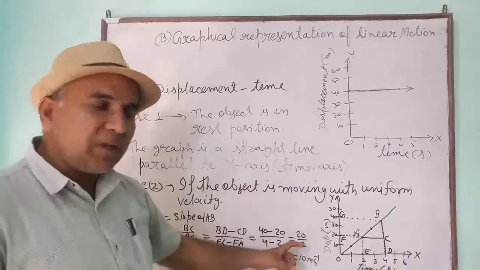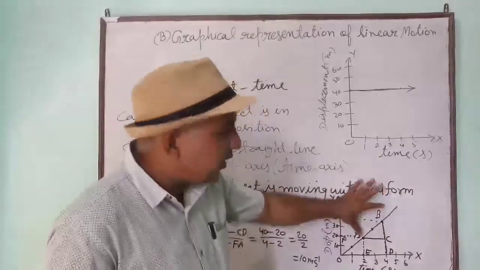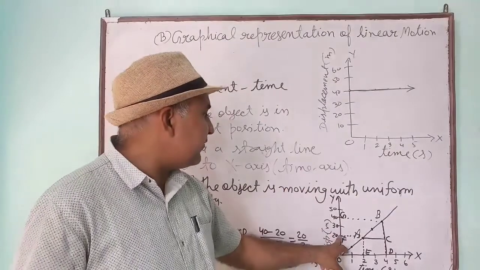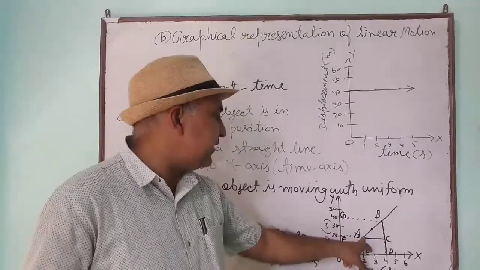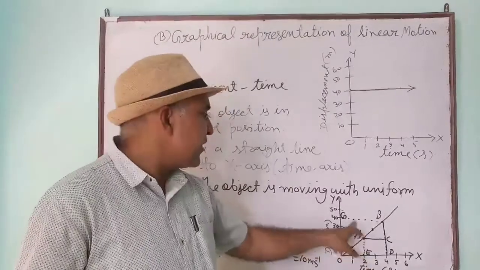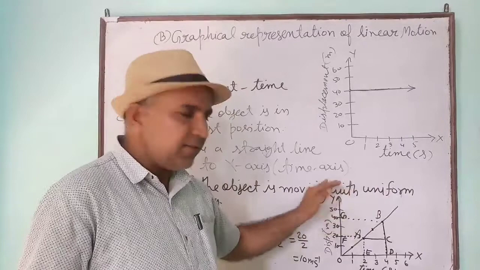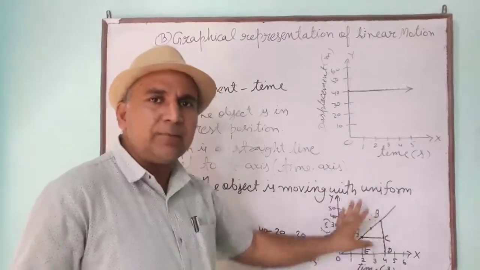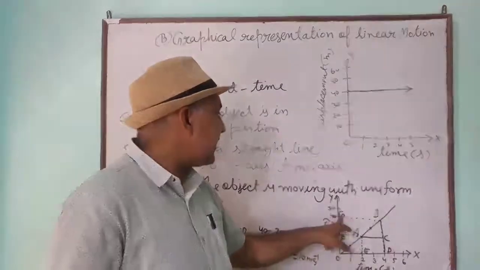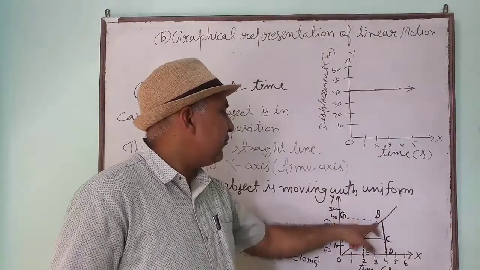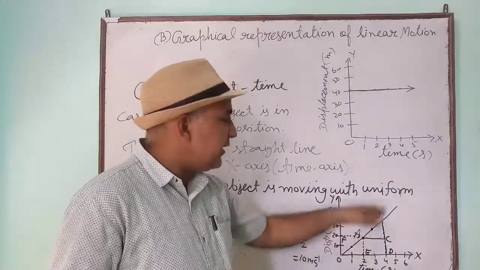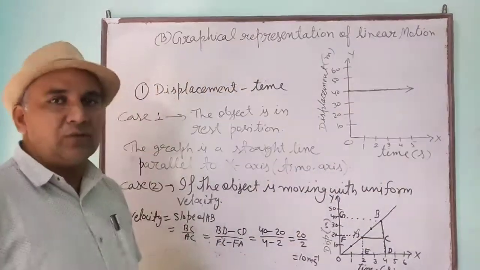To find the slope, we will take 2 points on the line. One point we have taken in front of 20, that point we call A. The second point I have taken in front of 40, you can take anywhere, and from the graph you can find the value of that point. Like here I have taken in front of 40, B. We can find the slope of AB, that will be the slope of this line also.